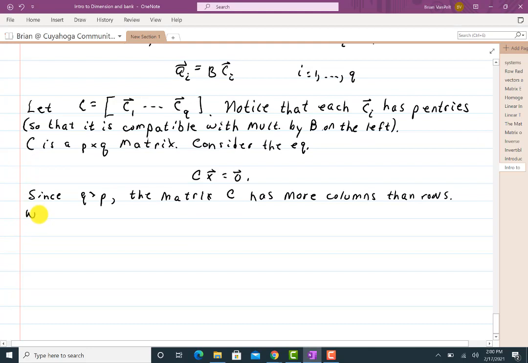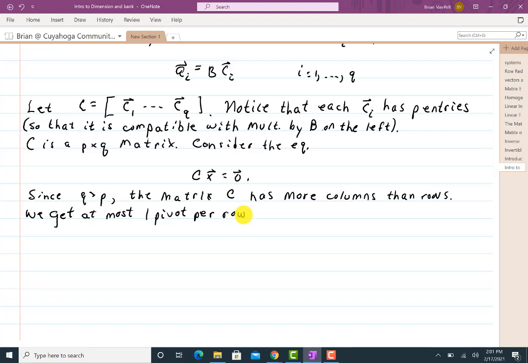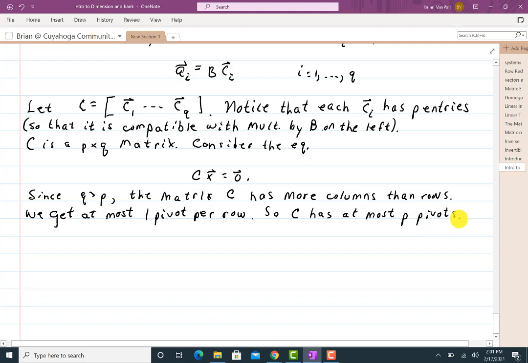We get at most one pivot per row. Some rows could have no pivots, like how we have rows of zeros at the bottom. That can certainly happen, and then you're not going to have any more than one pivot per row. So C has at most p pivots because it has p rows.